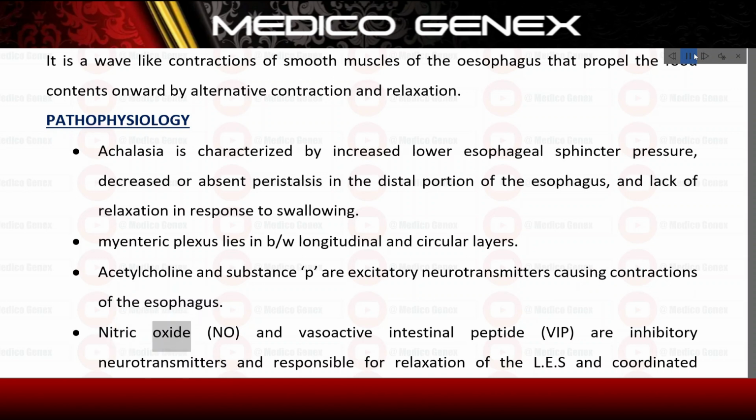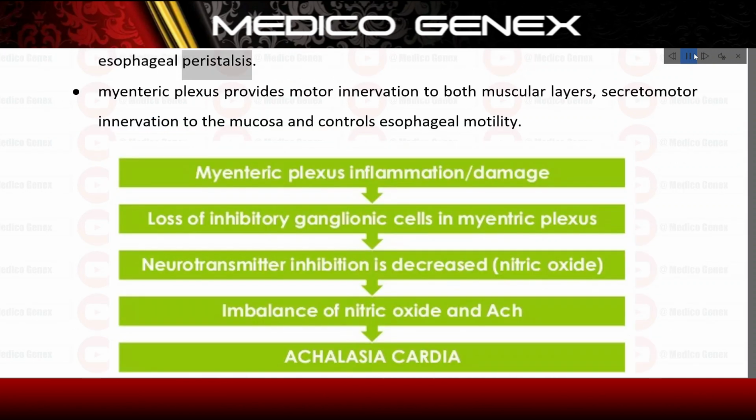Nitric oxide, NO, and vasoactive intestinal peptide, VIP, are inhibitory neurotransmitters and responsible for relaxation of the LES and coordinated esophageal peristalsis. Myenteric plexus provides motor innervation to both muscular layers, secretomotor innervation to the mucosa, and controls esophageal motility.